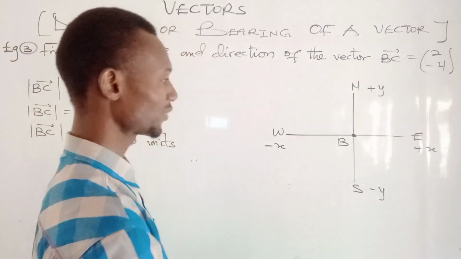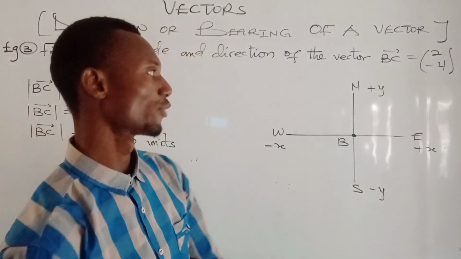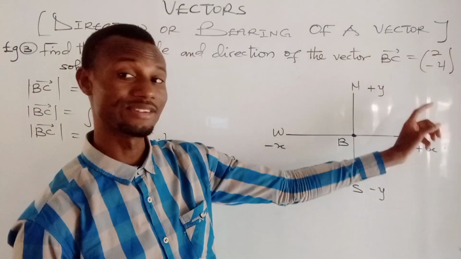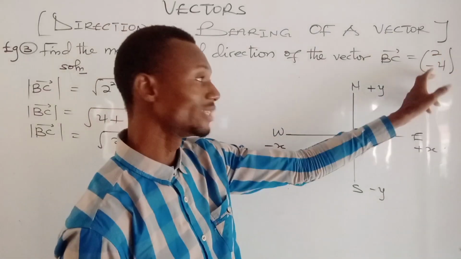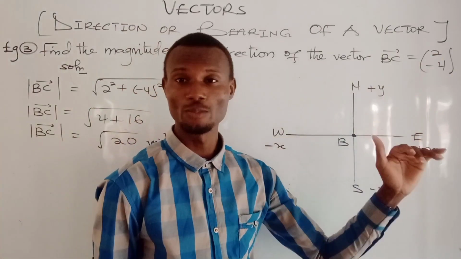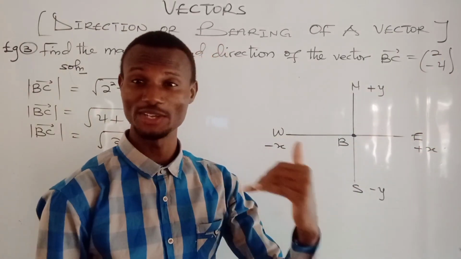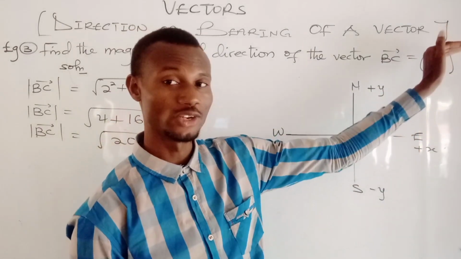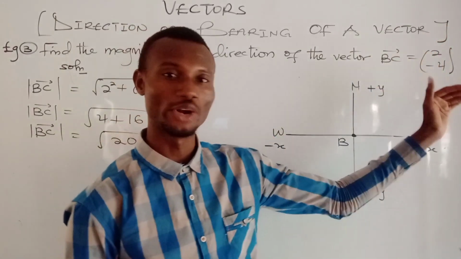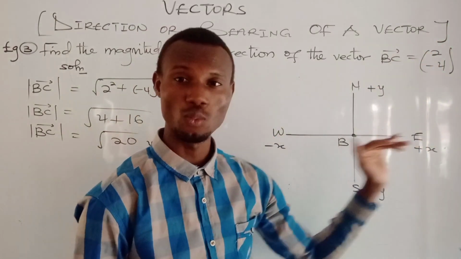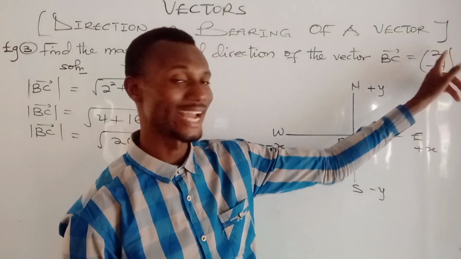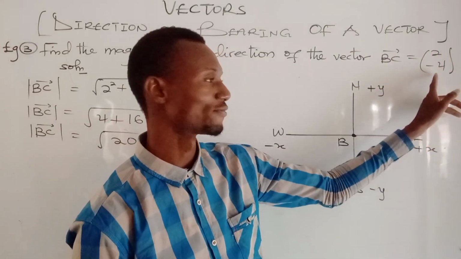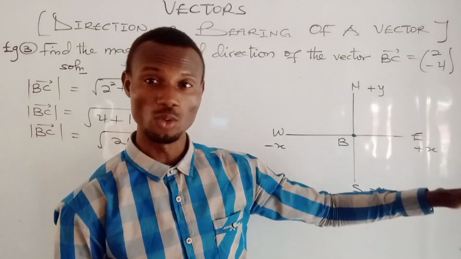Okay, so now let's go ahead and plot the components of the given vector, which is 2, -4. Now I hope you've not forgotten that I've explained to you that the top value is the x component and the down value is the y component. So this 2 here is the x component, this -4 here is the y component.